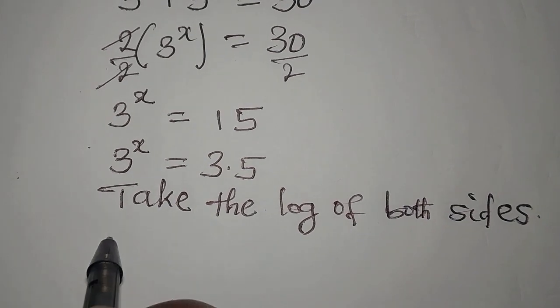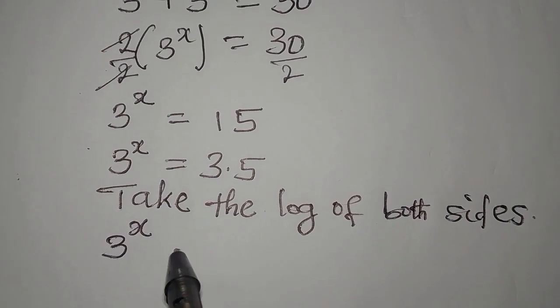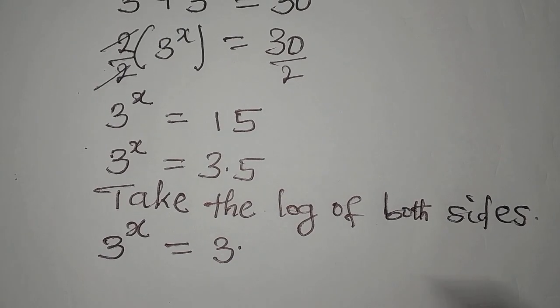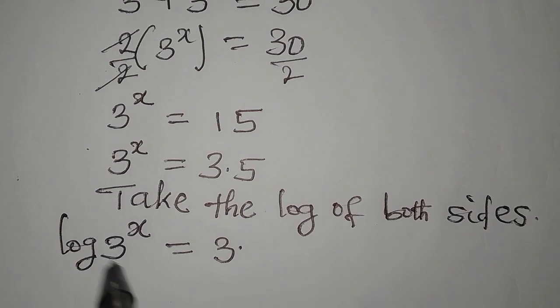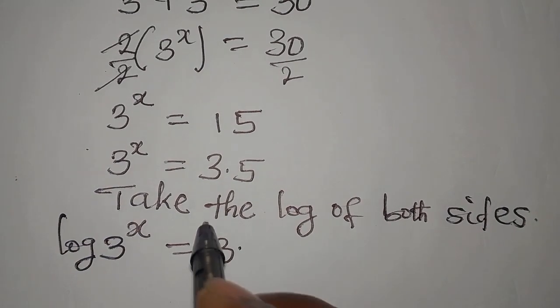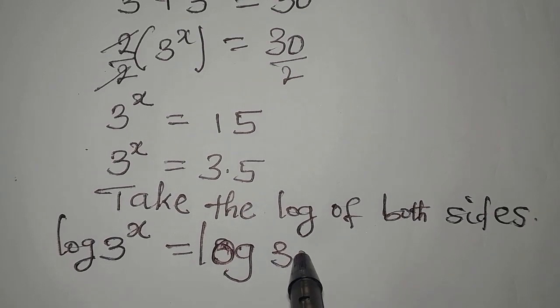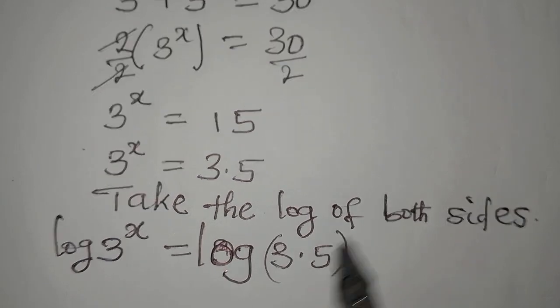So we now have 3 to the power of x equal to 3 times 5. I'm going to take the log, right? So we have log 3 to the power of x equal to the log of 3 multiplied by 5.